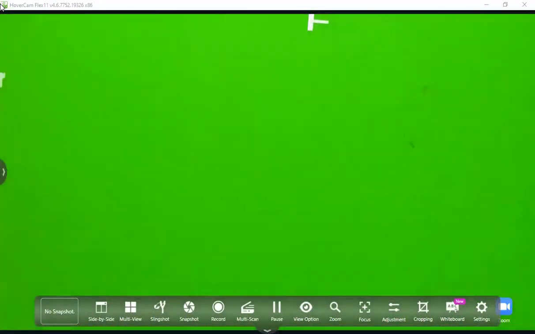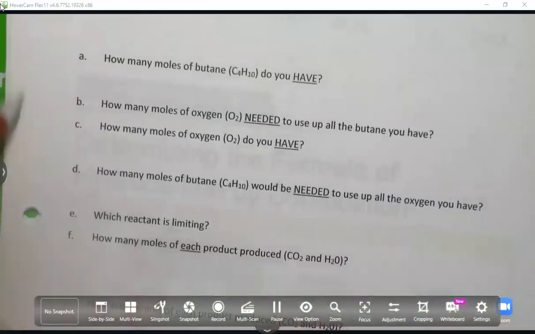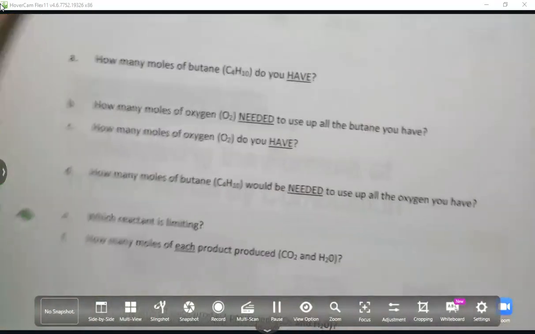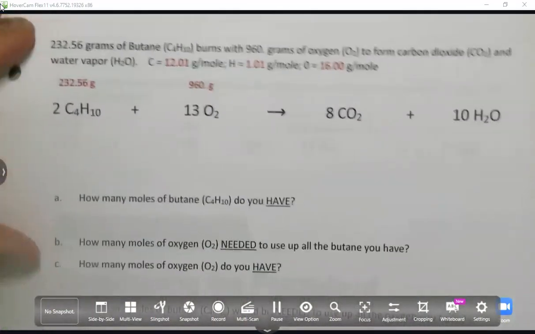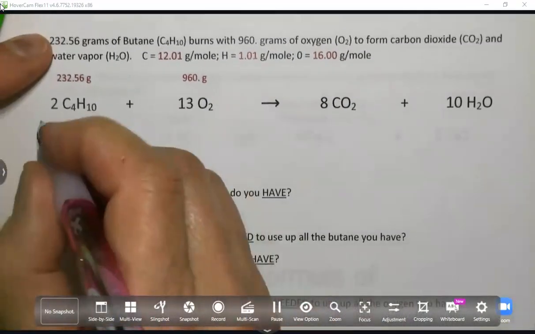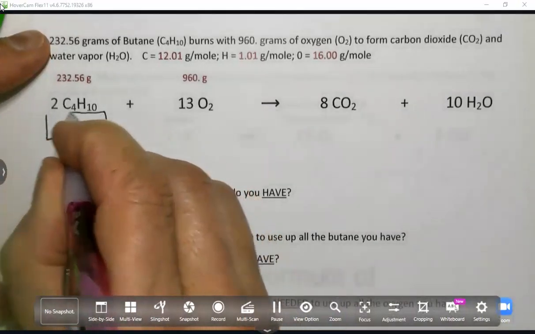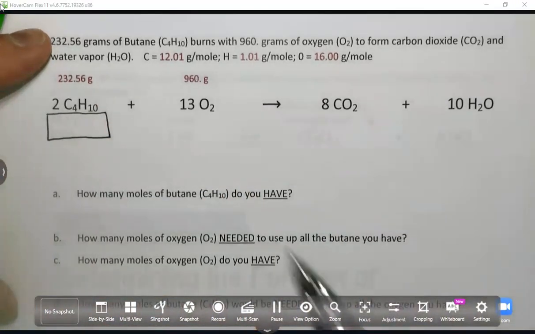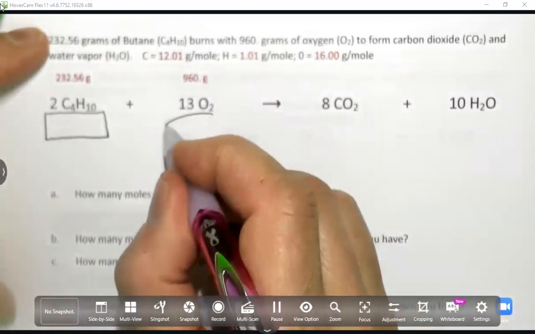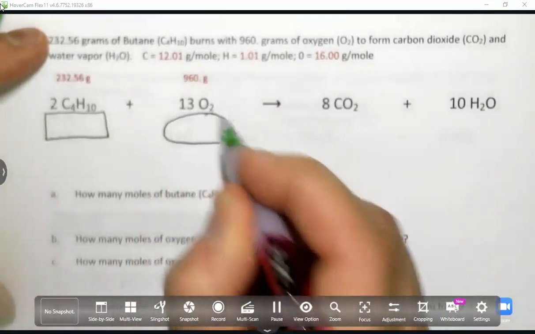Here's one that I'm going to let you work out. We're going to get you started. It's going to be the exact same thing. You're going to calculate how much you have here. This is just burning butane from a cigarette lighter.